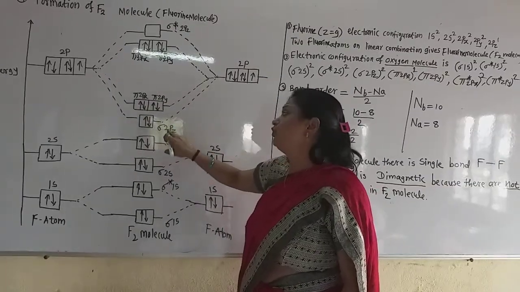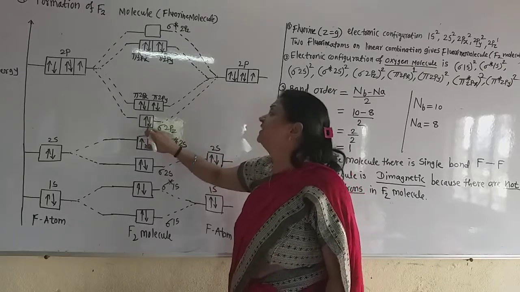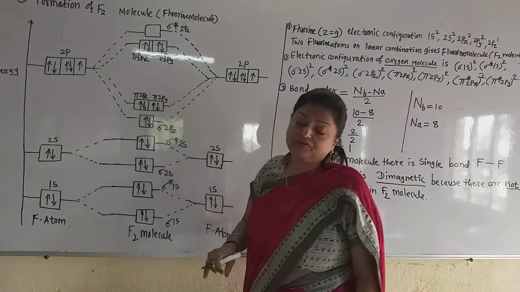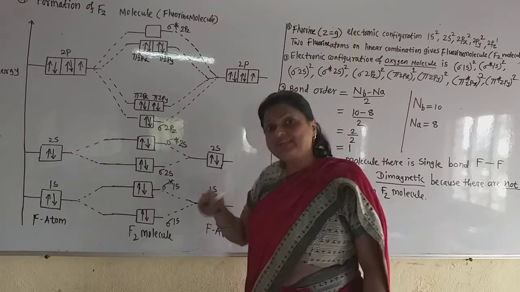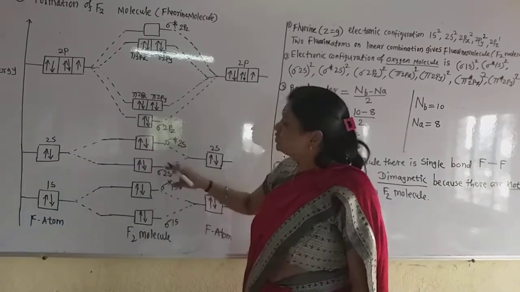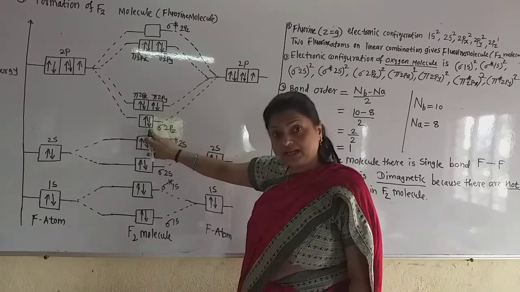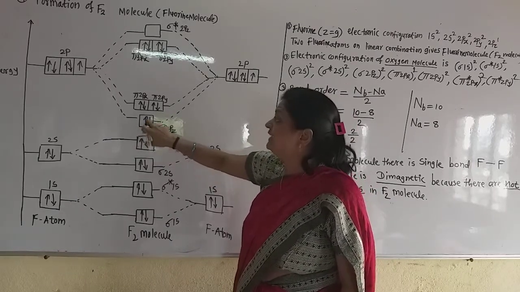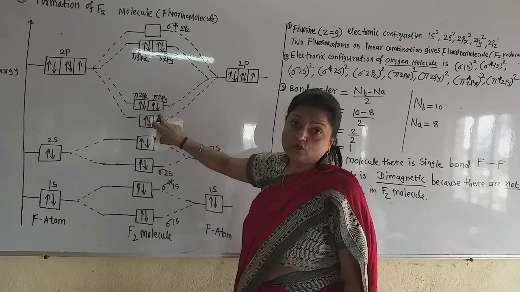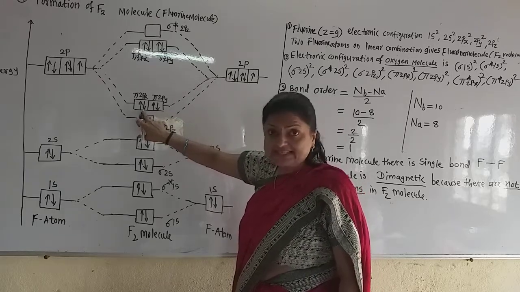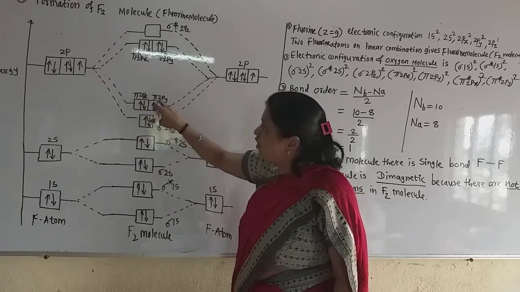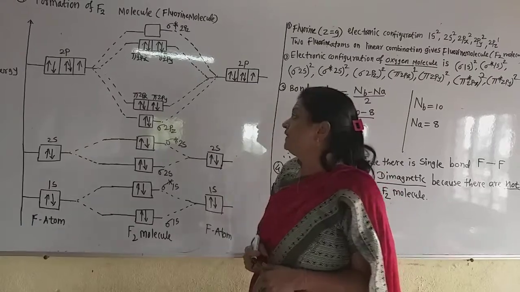This sigma 2pz has lower energy than the pi 2px and pi 2py in fluorine as well as in the oxygen atom. So the electrons first go into the sigma 2pz orbital, 2 electrons with opposite spin, and the 4 electrons arrange themselves into the bonding pi orbitals 2px and 2py.